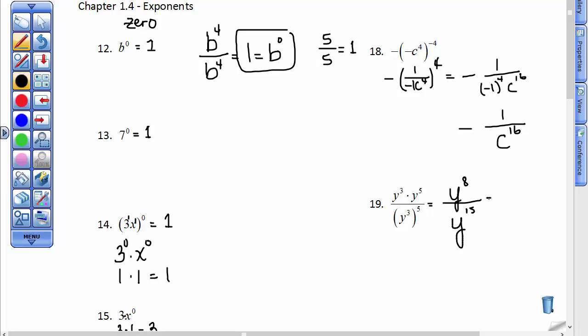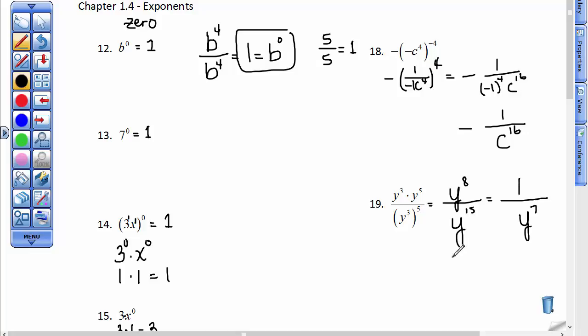I'm wondering if you'd be okay in this problem with noticing there's 8 y's upstairs. There's 15 y's downstairs. So I'm going to think about subtracting from here to here. So 15 minus 8 is 7. But it means there are 7 y's left downstairs with a 1 upstairs.